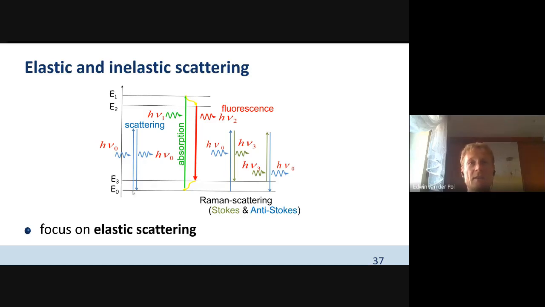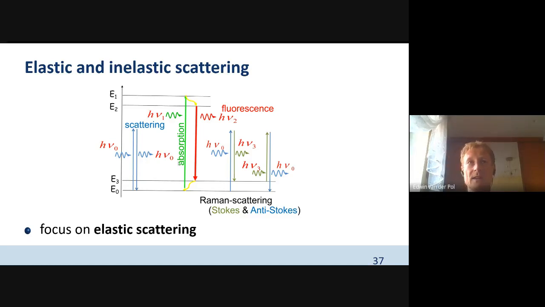With elastic scattering, the atom goes to a virtual energy state, and directly afterwards it falls back to its ground state under the emission of a photon of the same energy as the incoming photon. So no loss of energy. This is the case we will look at today.